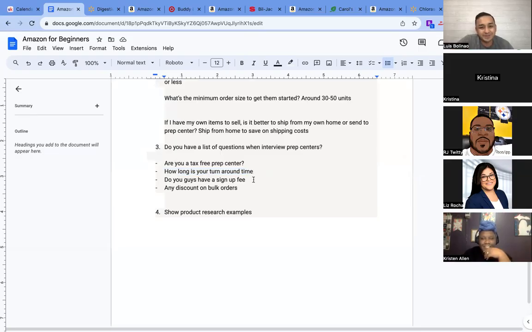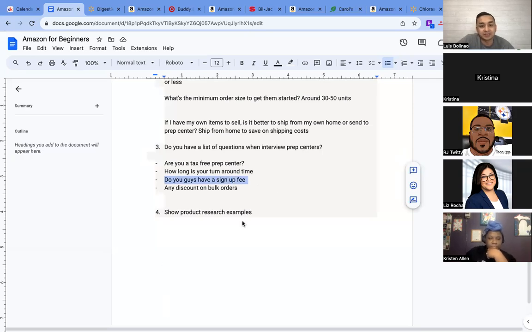Some prep centers have a sign-up fee and some don't. I've seen prep centers charge at least like 200 to 1,000 for sign up, and some are free. So if you can find a prep center with no sign up fees up front, that's better, right?